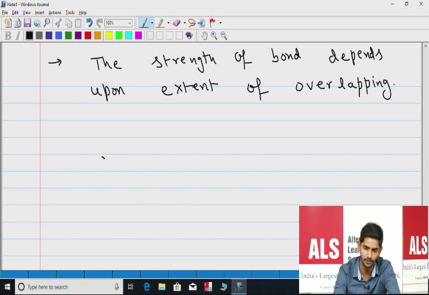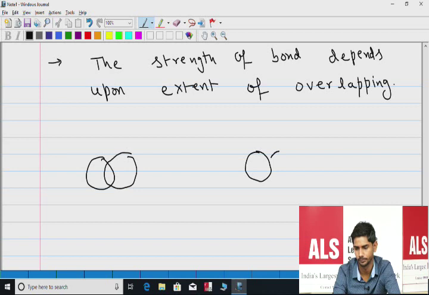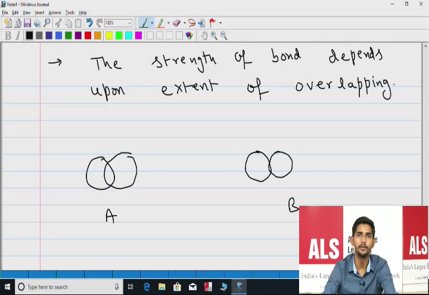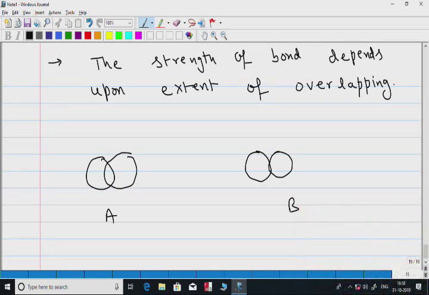Just check out two scenarios. I'm drawing two scenarios for you. This is molecule A, this is molecule B. In which molecule would the bond be stronger? According to you, which bond should be stronger? Yeah, absolutely right.